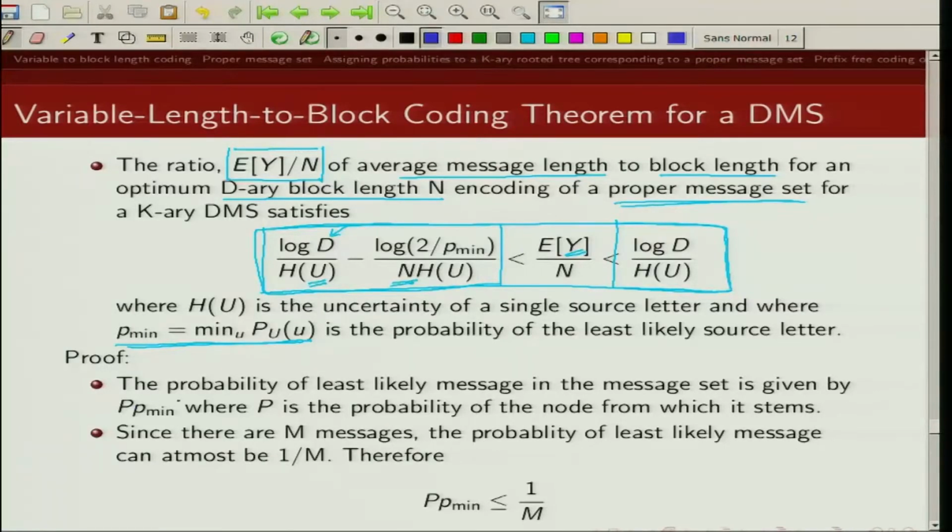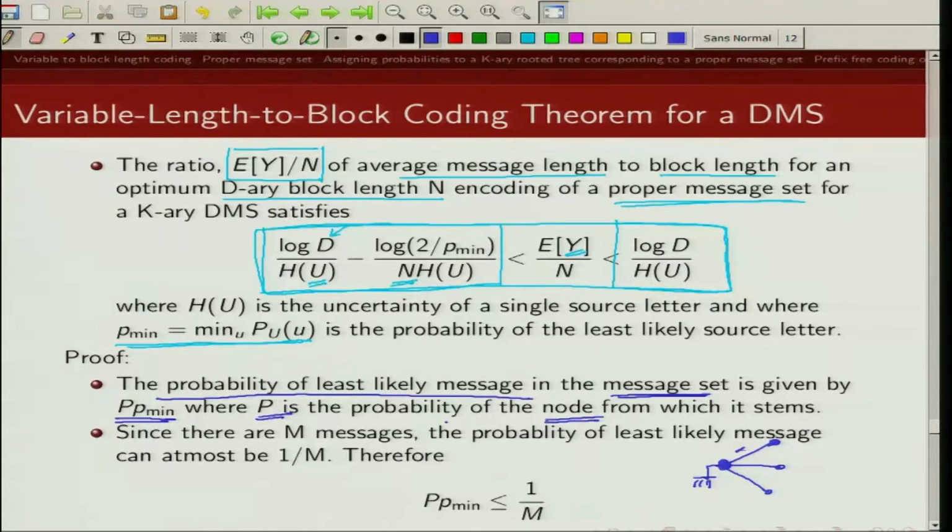The probability of the least likely message in a message set is given by P times P min, where P is the probability of the node from which it stems. Recall how we assigned probability to a k-ary rooted tree. We have a k-ary rooted tree. These probabilities are defined as the probability of this node multiplied by the probability of the letters emitted corresponding to each of these branches.